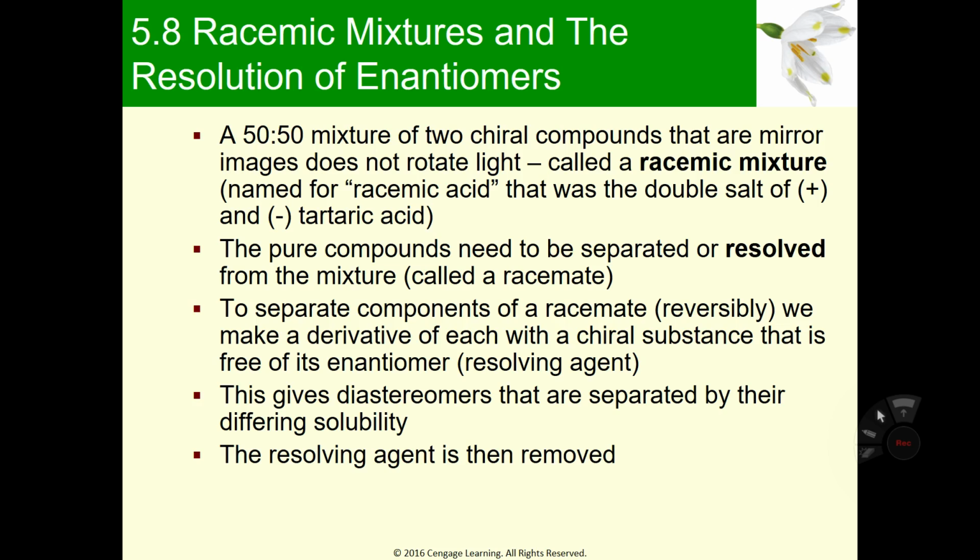Now, in many cases, if you have a pair of enantiomers, only one enantiomer has biological activity. That's the general case. Okay, but in many synthetic methods, you always produce a one-to-one mixture of enantiomeric pairs.